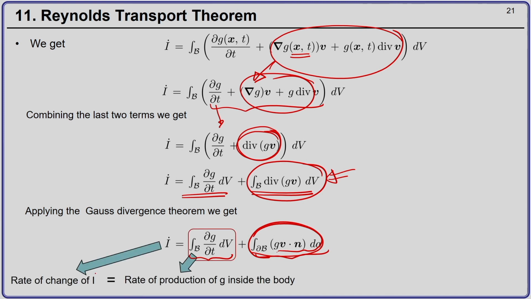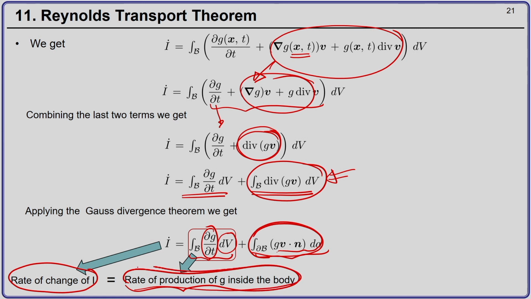So the total rate of change of I is nothing but the rate of production of G inside the body. del G by del t is the production of G at a point, current spatial position x, and when you take the integral over the volume, you get the total rate of production of G inside the body, plus the second term, which is nothing but the net transport of the quantity G across its boundary.